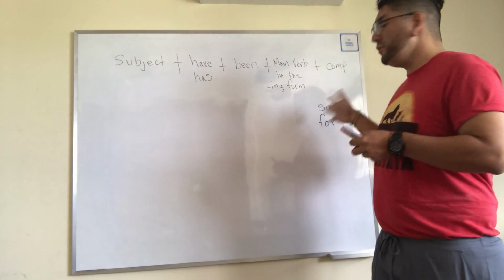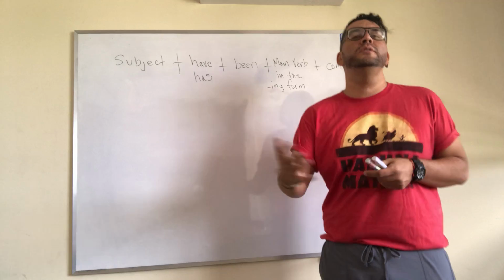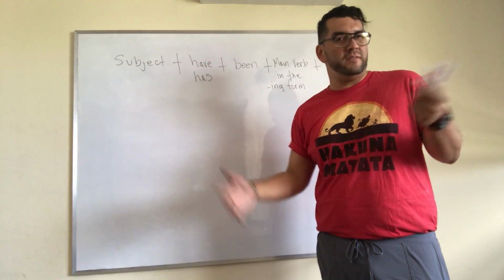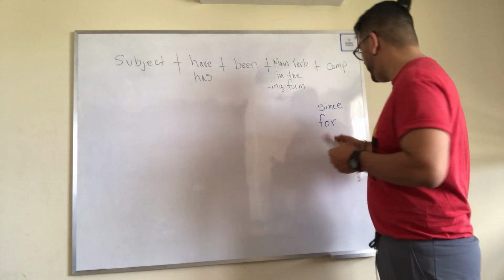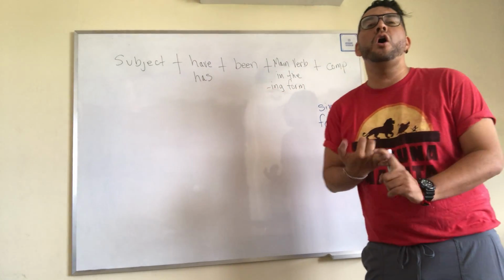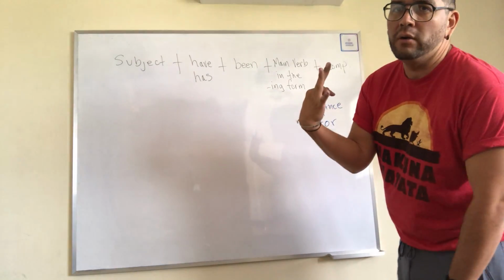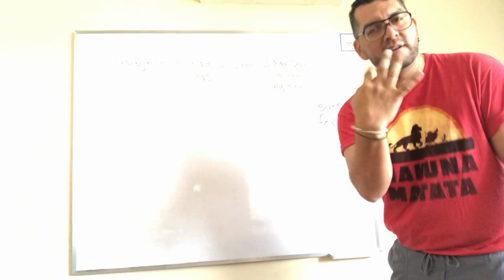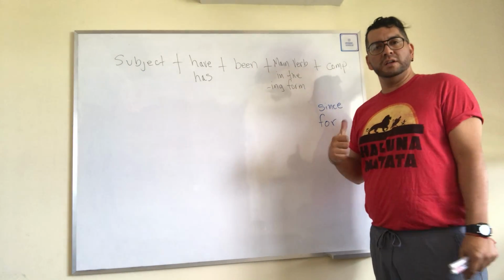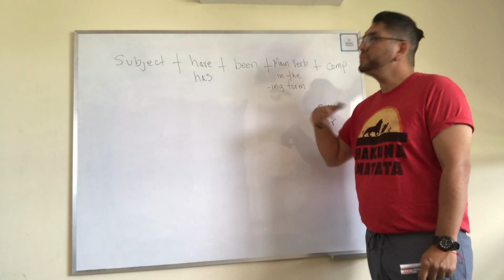I have been waiting for you since I graduated, right? Like very romantic, something like that, right? And then we have for. I have been waiting for you for 3 hours. Look at my 3, it's very strange. 3 hours, right? So these are the best friends of this tense, right?